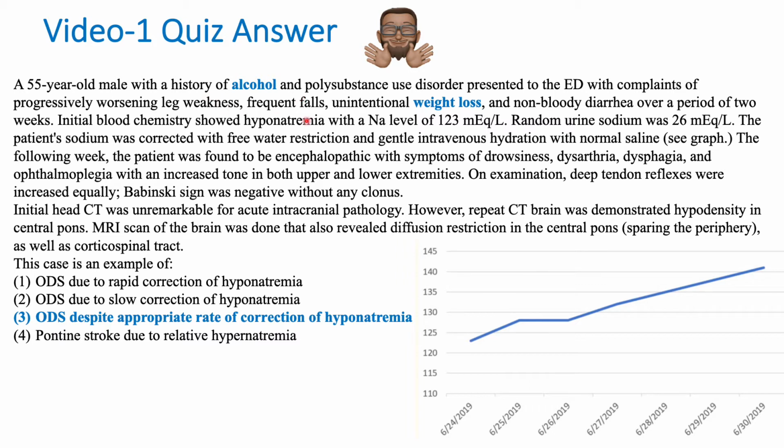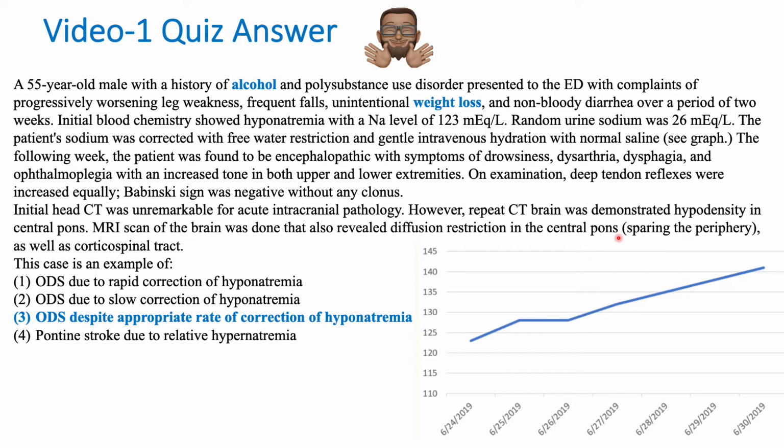So this 55-year-old male has a history of alcohol, he has hypovolemic hyponatremia, which seems to be chronic, and then it looks like he was appropriately corrected, as we're going to talk about management in the coming videos. Usually you don't want to go over 8 to 10 milliequivalents per day, or up to 18 in 48 hours.